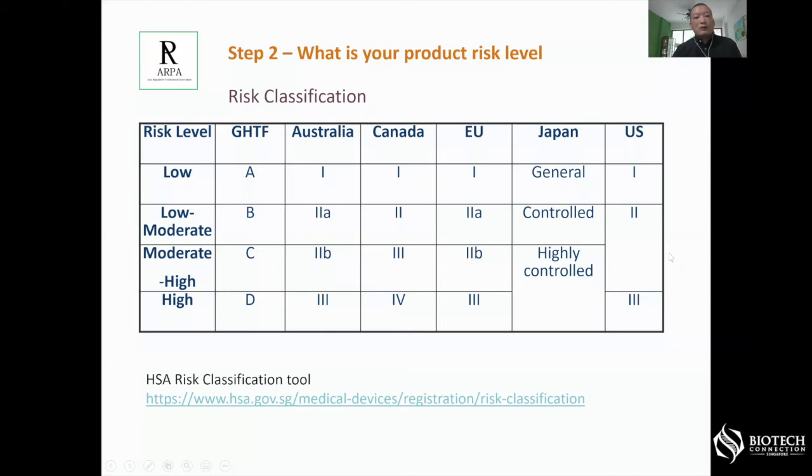Sometimes you may confuse your marketing, like say, oh, my product is Class B in Singapore, Class 2 in Canada, and 2A in Australia. Wow, as a normal commercial team, they headache. This is all complicated. The world is not standardized, very confusing. But you know what? If you look at this table, actually they are the same thing.